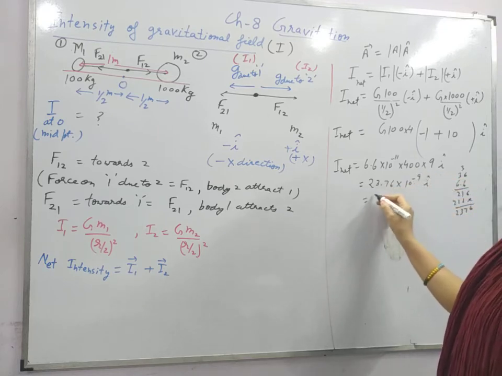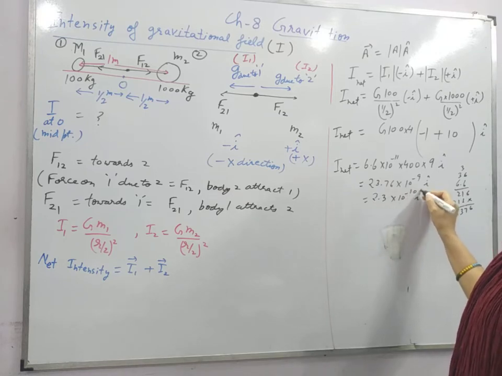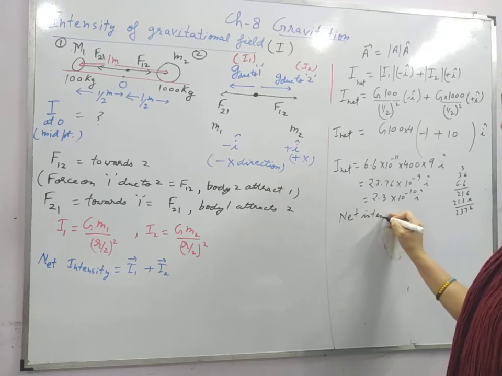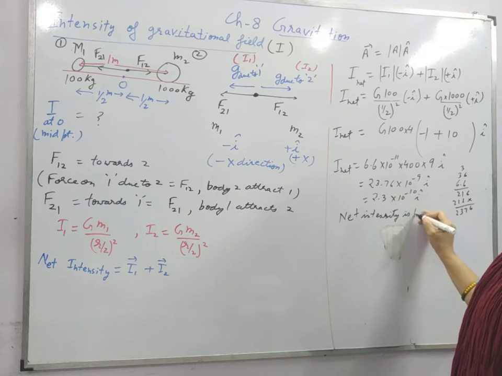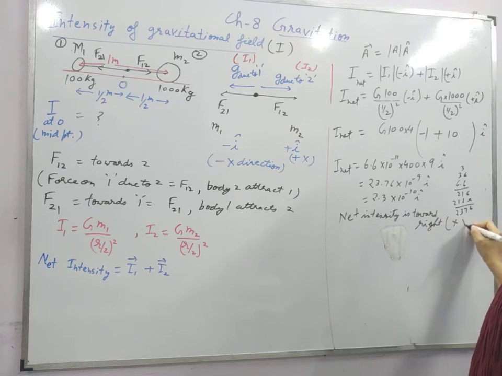This can also be written as 2.3 into 10 to the power minus 10 i cap. That means net intensity is towards the right, that is the positive x direction.